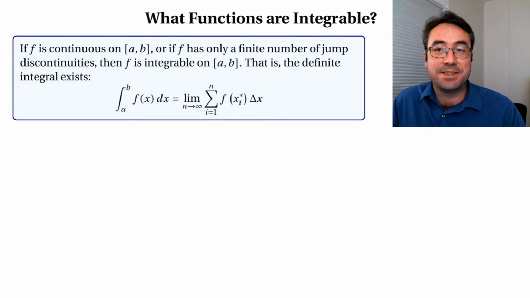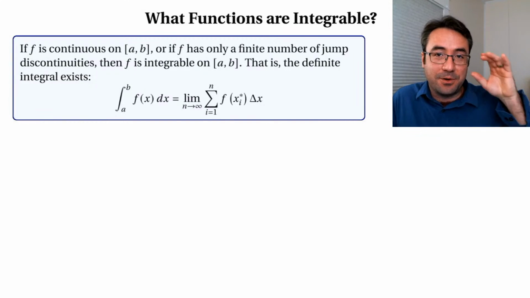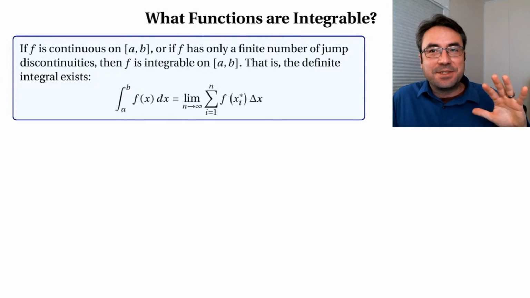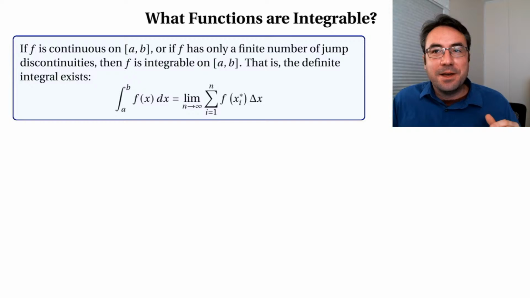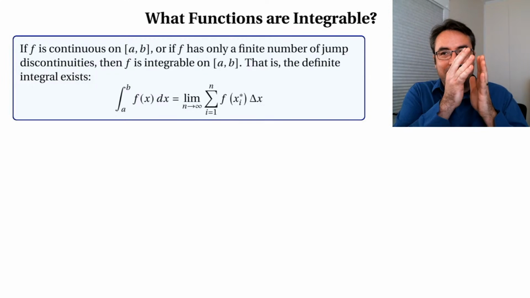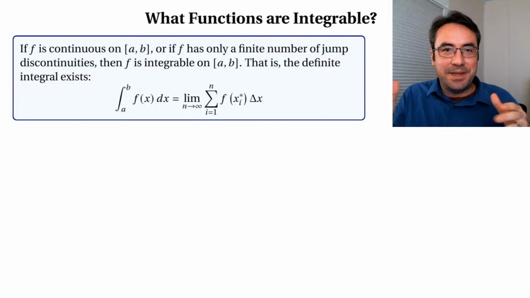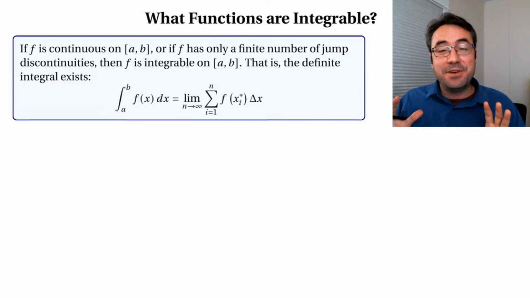And in most cases, it's not something that we do directly. So we know how to calculate a definite integral. We have the fundamental theorem of calculus for that, which, there's still some work there, but it's not as difficult as, all right, let's add all these things together and then take the limit as we add more things together. So this definition is something that's very difficult to work with directly.